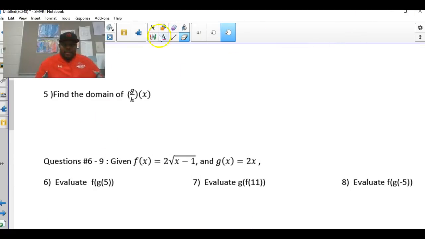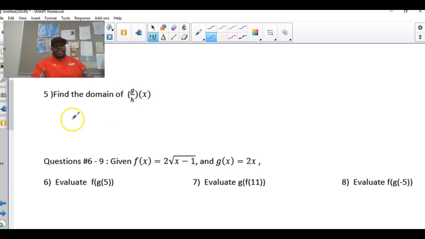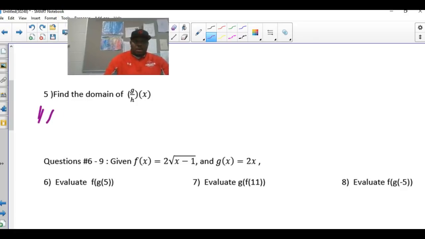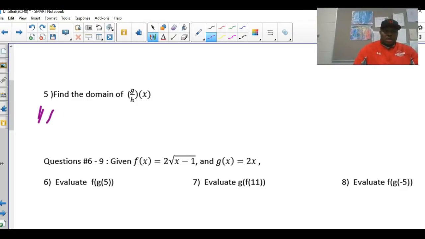Over here at 5, we've got to do g divided by h. Well, g again is 6x squared plus 7x minus 3, and h is 3x.